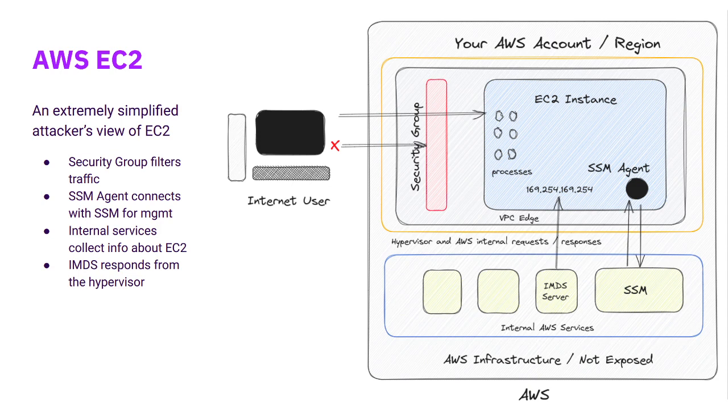This is an extremely simplified attacker's view of EC2. This is not the official architecture. There are far more components than what is shown on screen, and I've not even labeled all of them.